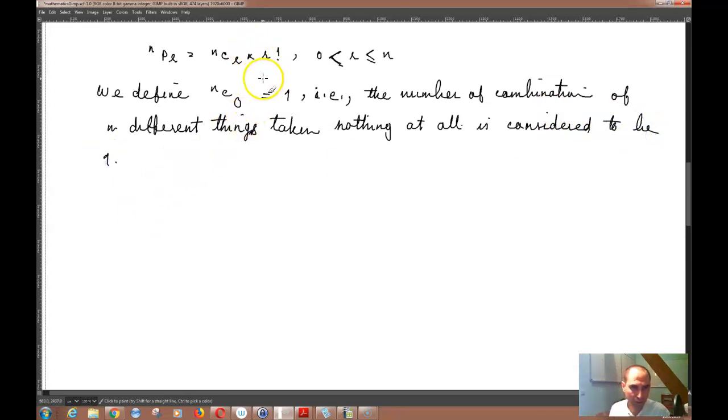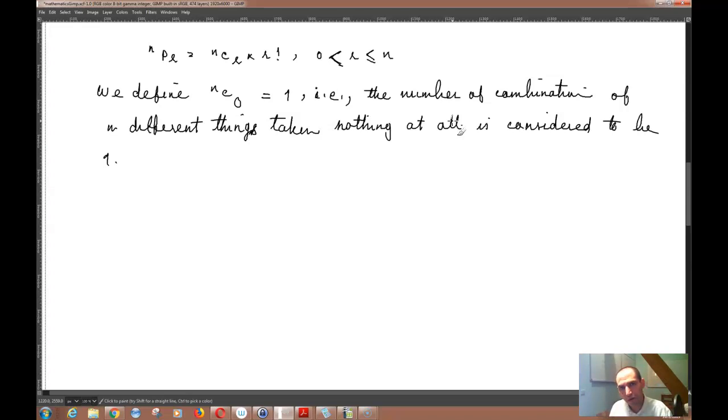What that means is that you have n different things, and taking nothing at all means that you leave everything behind. They have found a good reason, and the reason happens to be working, as far as we know so far, with every other part of mathematics.